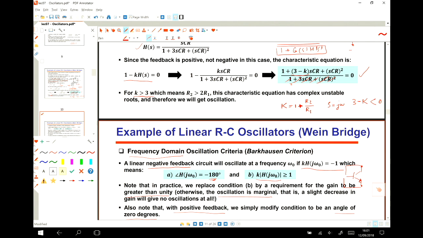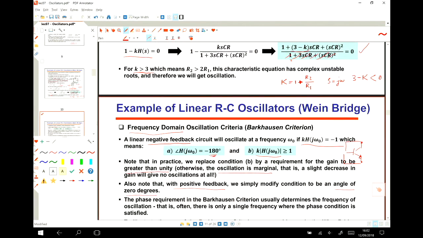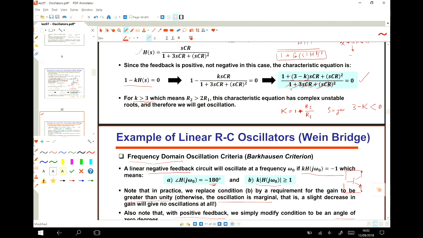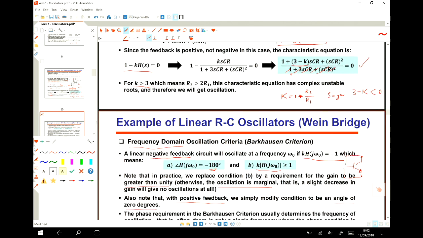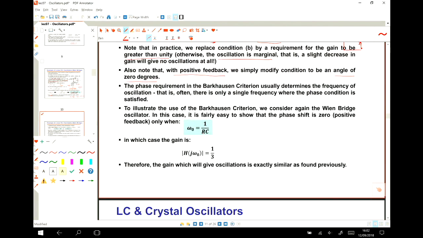Okay, what's the resonance frequency of this circuit? I mean, if this equals 0, then S equals... yeah, it is 1/RC, but you should find it.